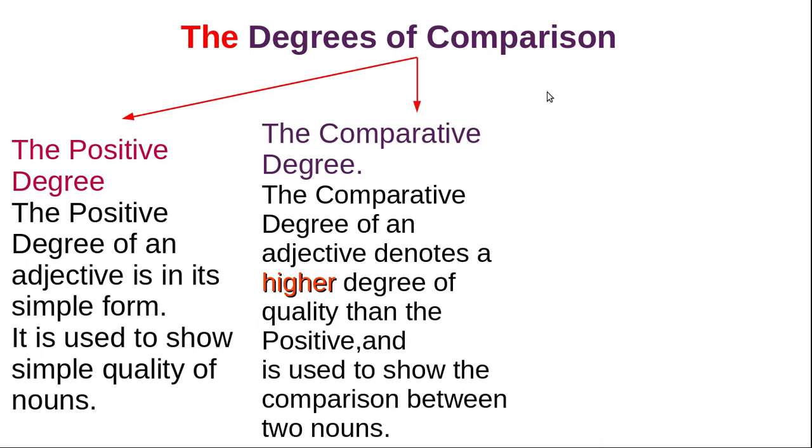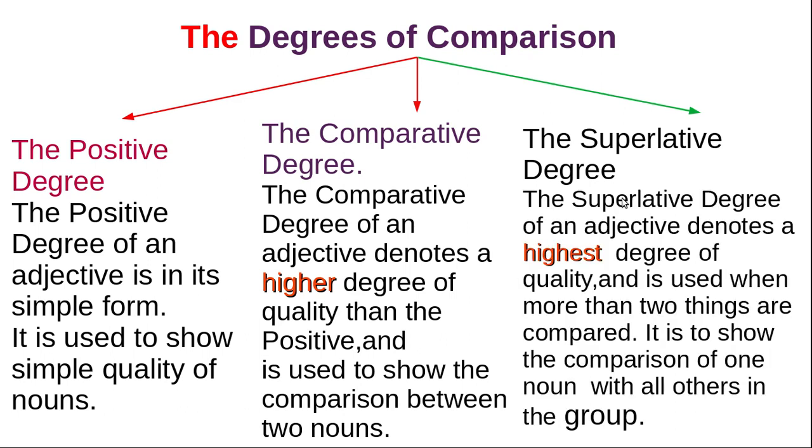That's very important. Higher and 2 are the keywords here. The third one is the superlative degree, that is the highest, and it is compared among more than 2, for the whole class or group, right? Very simple, right? Yes. Okay.